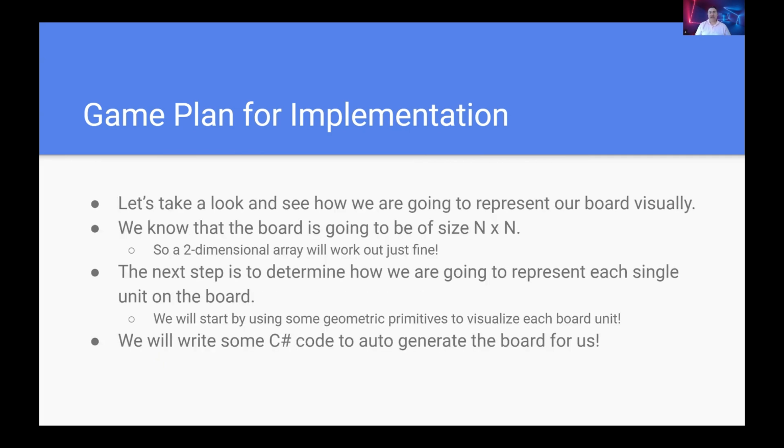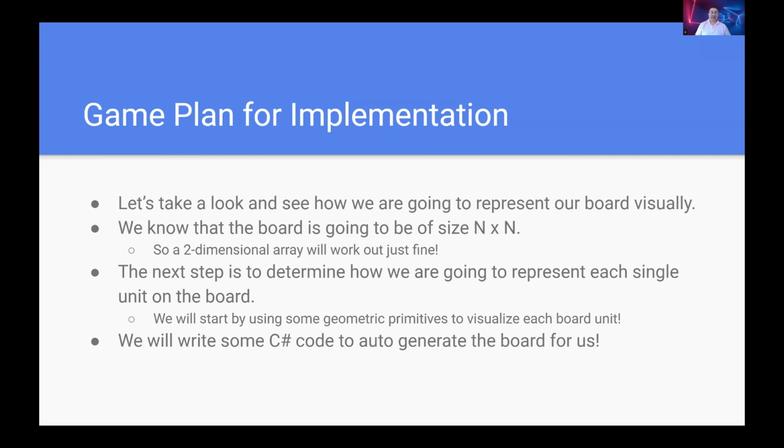Taking a look at how we are going to represent our board visually, we need to have some sort of a data structure. In this case, a two-dimensional array will work just fine, representing an n by n grid. In our case, the n by n is going to be a 10 by 10 grid.